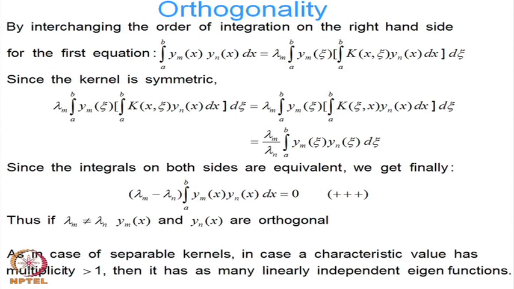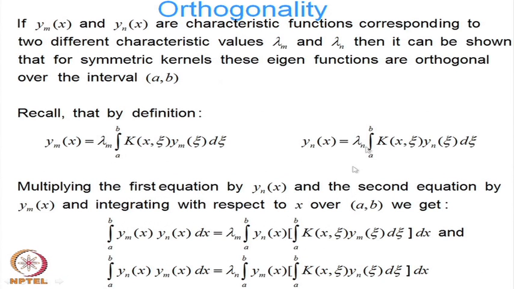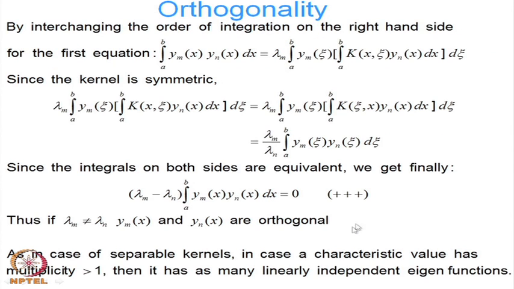I integrate first with respect to x, k(x, xi) yn x dx. You can see I have pulled yn inside, right, yn was outside. So, I have k(x, xi) yn x dx integral over a to b. I have ym xi. So, the integral over xi I have pushed outside. I am first integrating with respect to x, then with respect to xi.